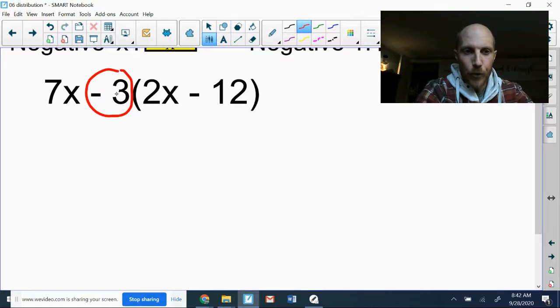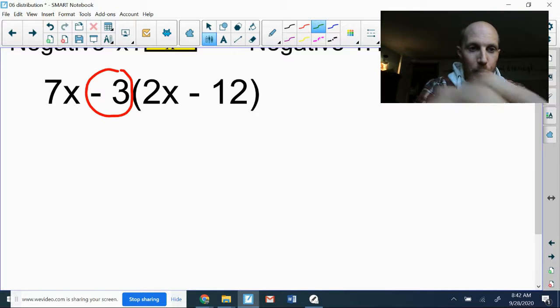But if the 3 is what's touching the parenthesis, then this means multiplication. A lot of times for multiplication, we don't actually put a symbol there, but if there's a number and a letter right next to one another, that means multiplication, like the 7 and the x, which is 7 times x, or like the 3 and the parenthesis.